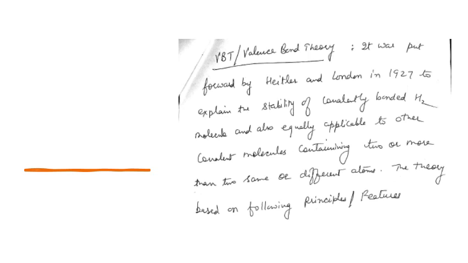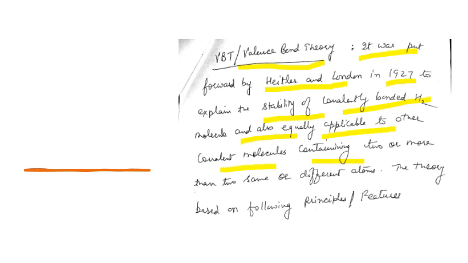The two theories used to explain covalent bond formation as minimizing the energy: the first theory was valence bond theory, put forward by Heitler and London in 1927 to explain the stability of the covalently bonded hydrogen molecule, and also equally applicable to other covalent molecules containing two or more same or different atoms.